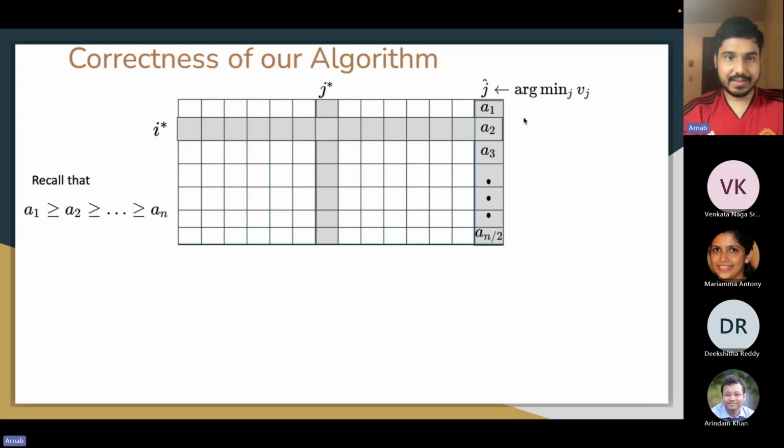So even if you reduce from n cross n to n cross n by 2, which we are not doing, we are reducing both dimensions by half. But in case you only reduce the row dimension, still this I star J star will be the only Nash equilibrium of this entire game. So as long as the complete support is there in this submatrix, the Nash is not going to change.